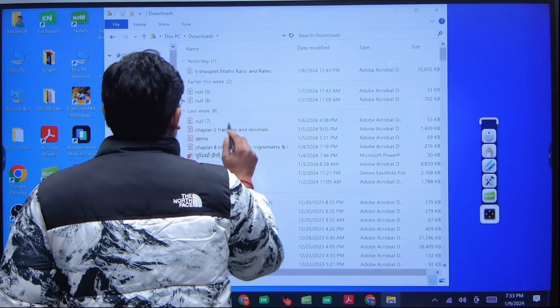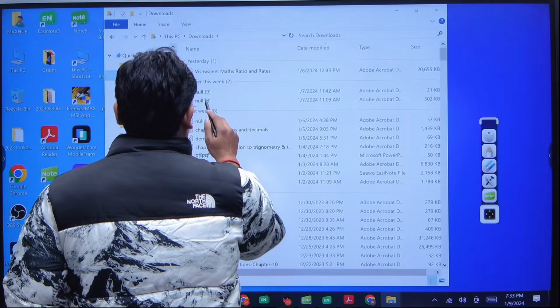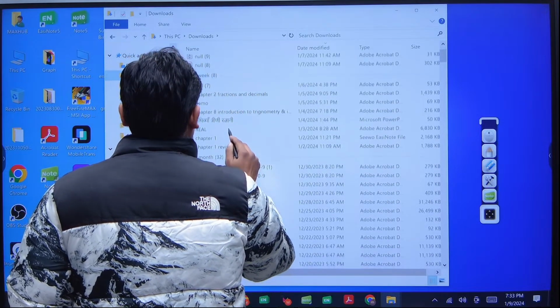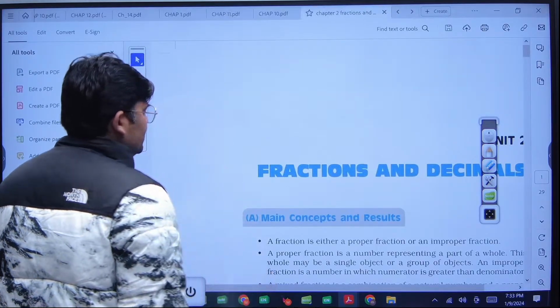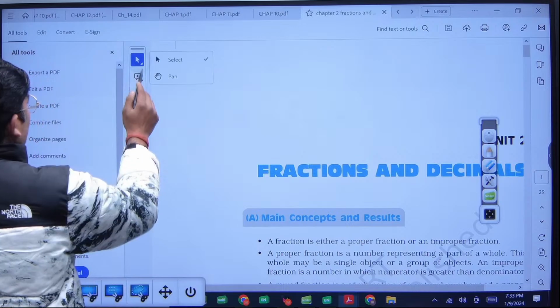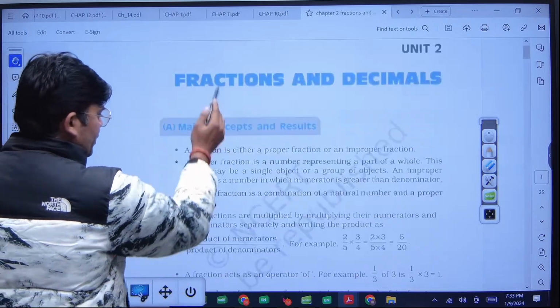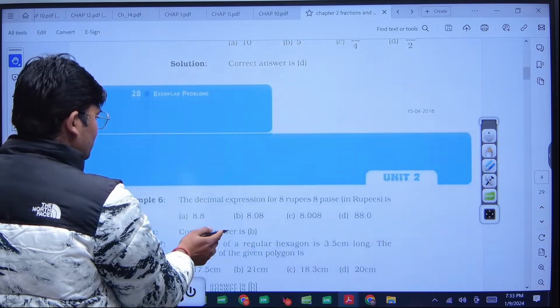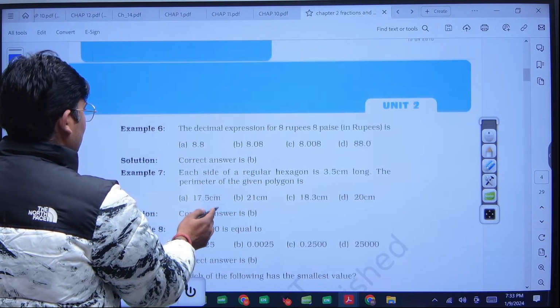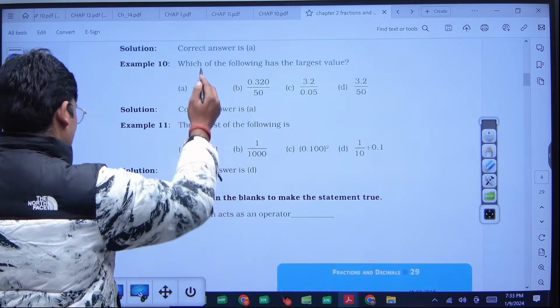I think we were doing some questions here. Real numbers, chapter 8, introduction to decimals. Fractions and decimals. We were doing this, right? Yes. Okay. So we were up to which question? 28. Okay.